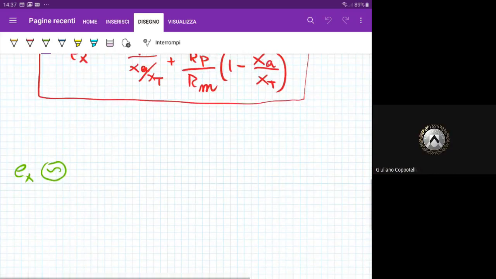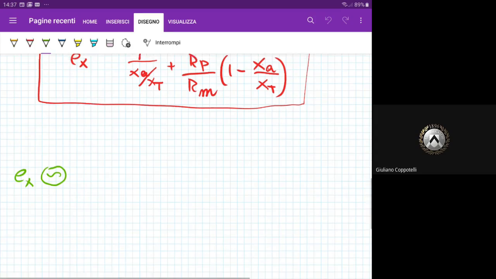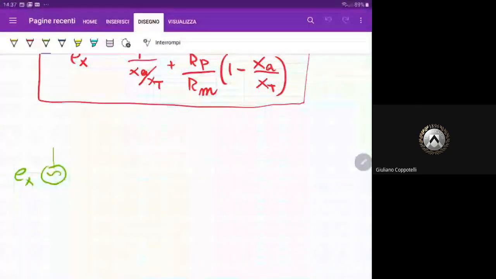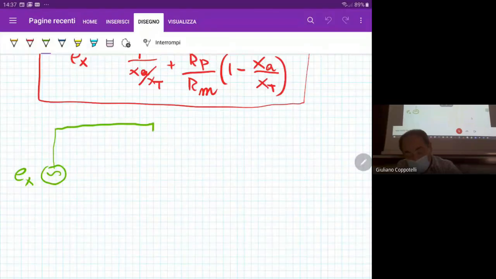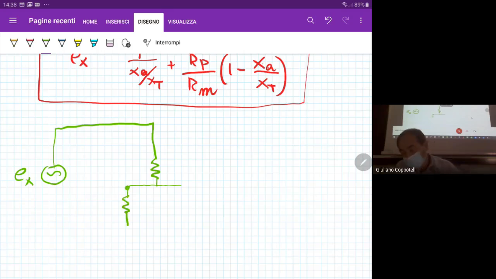So we have the input differential potential. Then what we got here is our resistance that is part of the potentiometer resistance, like this. And then we close.